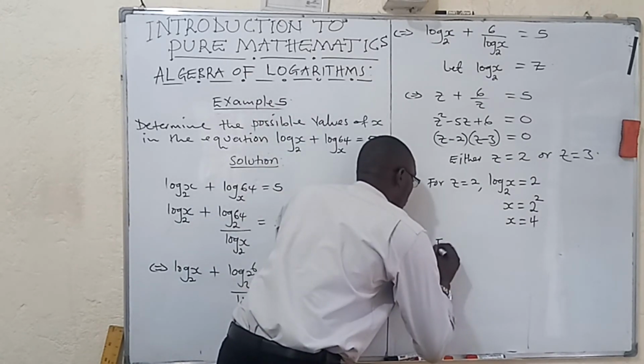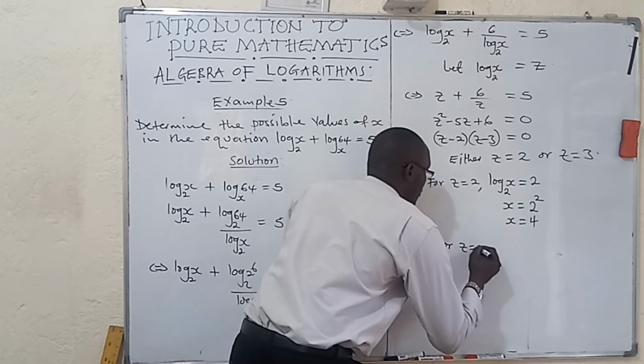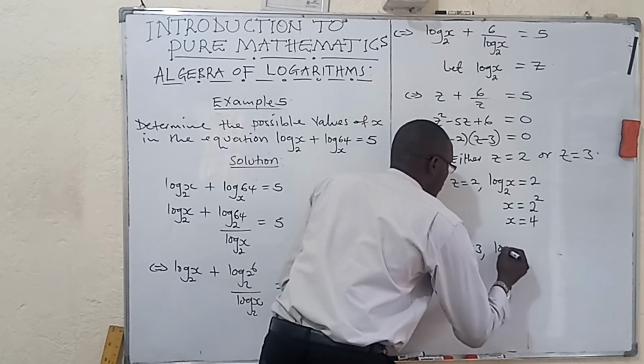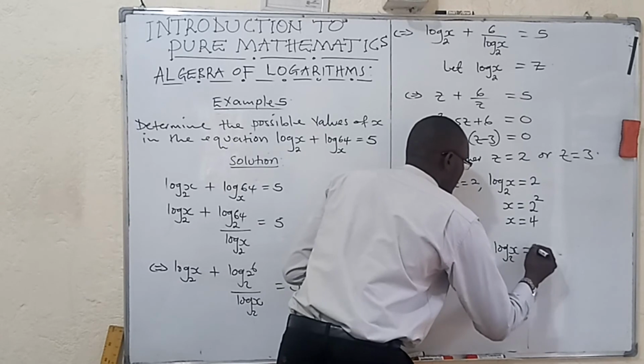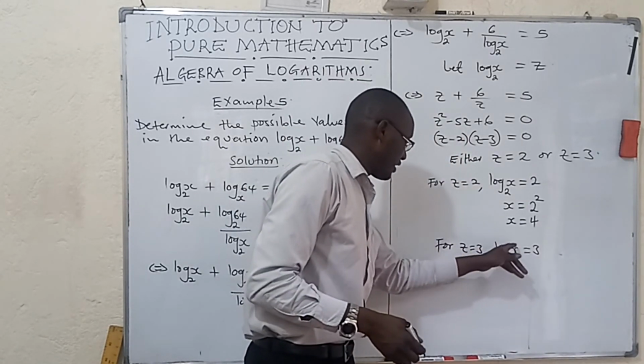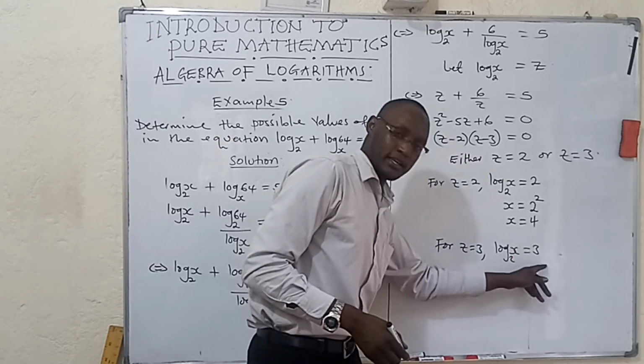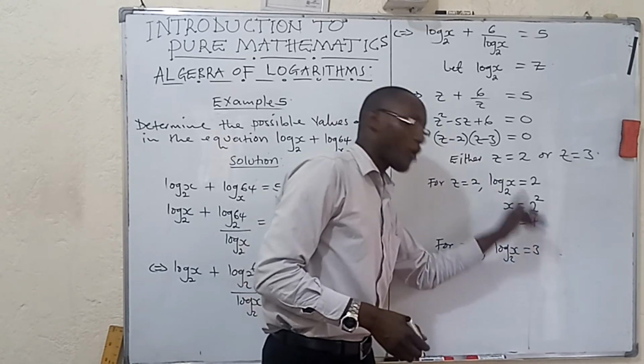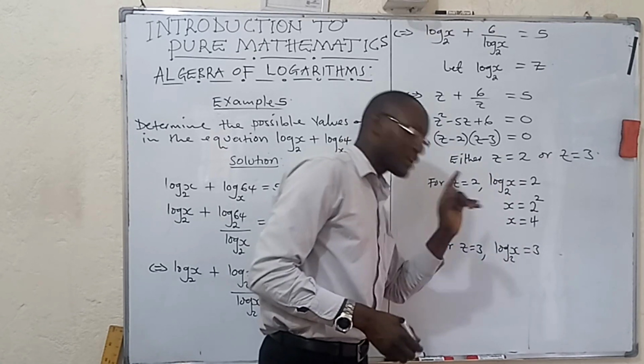Then for z is equal to 3, we say that log base 2 of x is equivalent to 3. By definition, the logarithm of a number to a given base is an index. This is the power, the index. The base is already here.